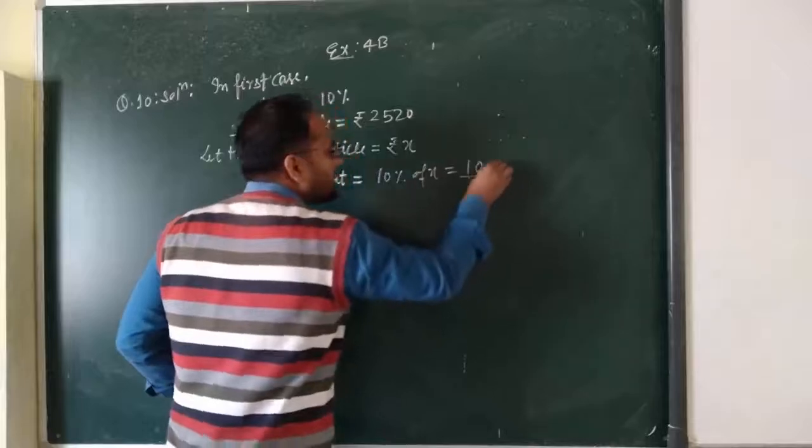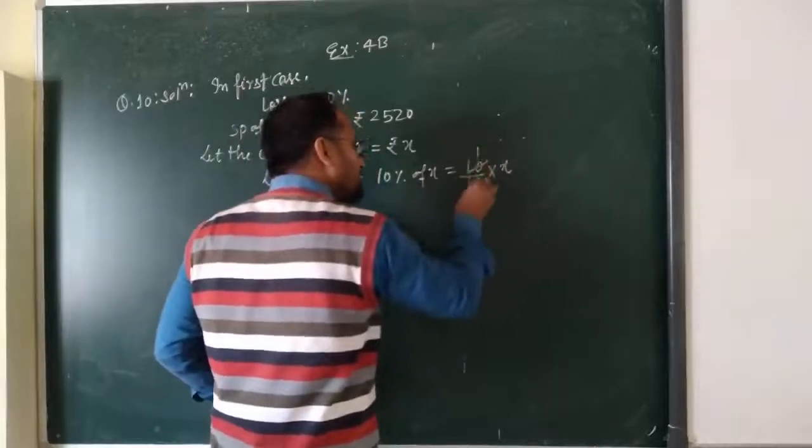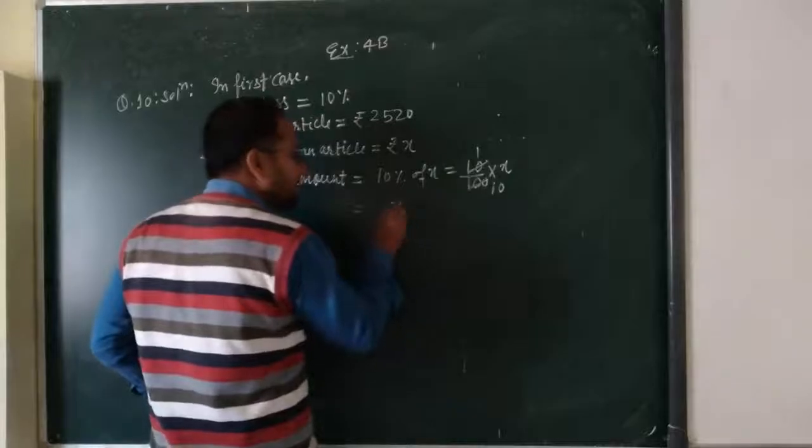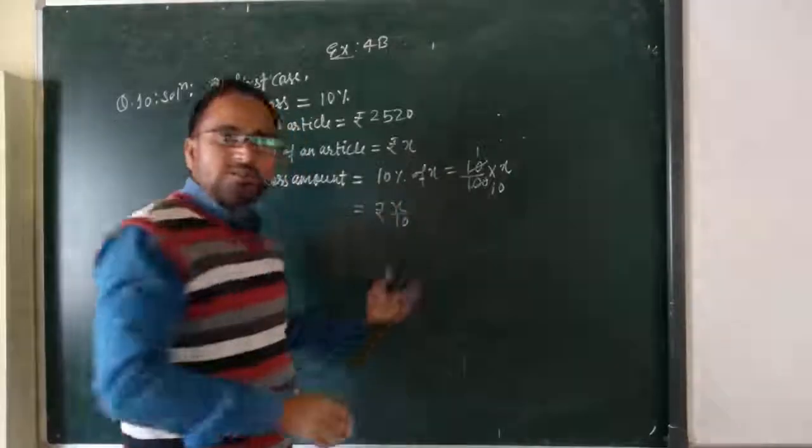Remove the percent, divide by 100, into x. 10 1s are 10, so you get x upon 10. That is the loss amount, students.